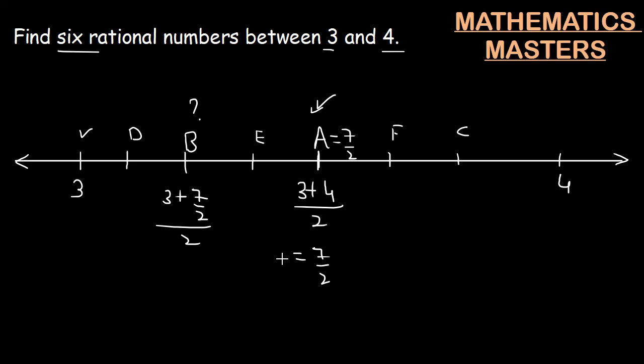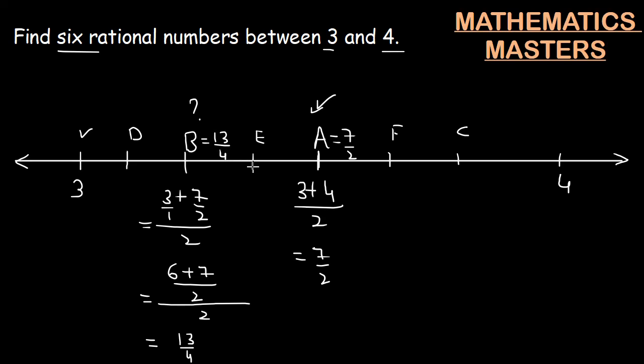I can write 3 as 3 by 1, so I multiply 2 with 3 and 1 with 7 by 2: 3 times 2 is 6, plus 7 times 1 is 7, upon 2, and then the whole upon 2. That means we can write it as 7 plus 6, 13. 13 upon 4 is the correct answer. So my B is 13 upon 4.